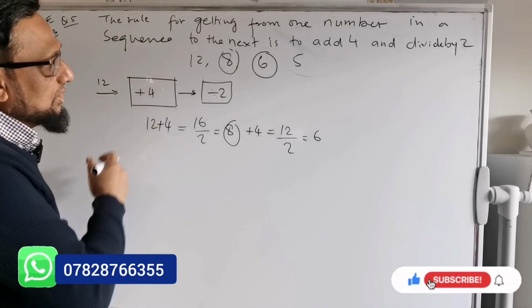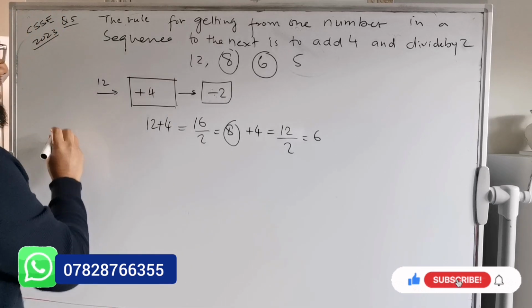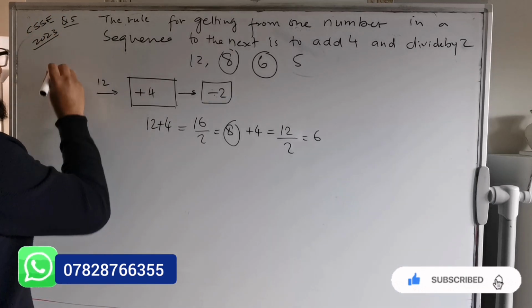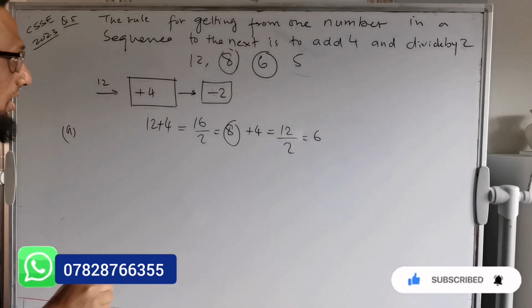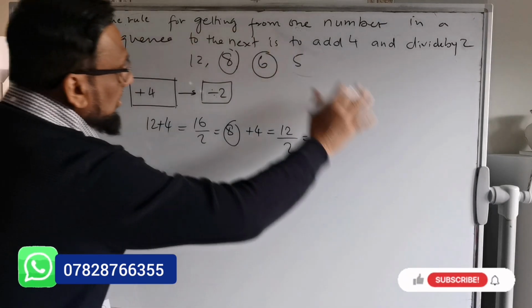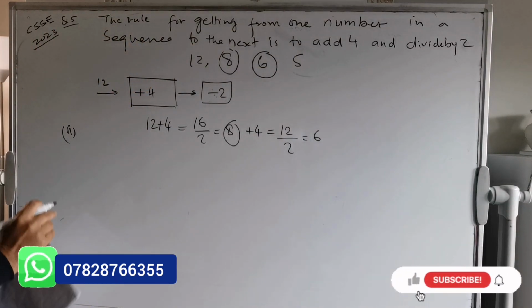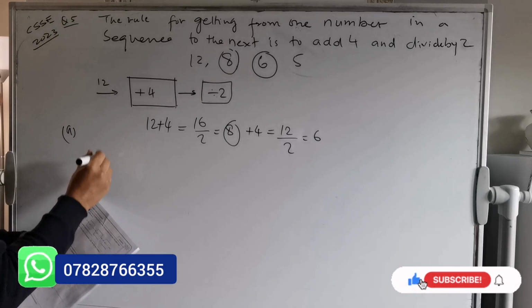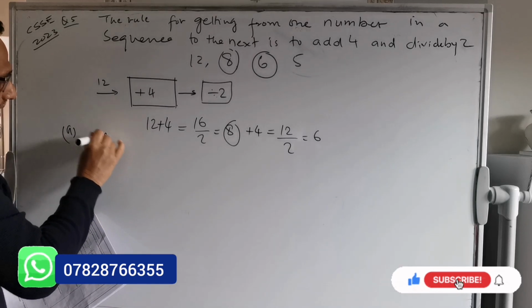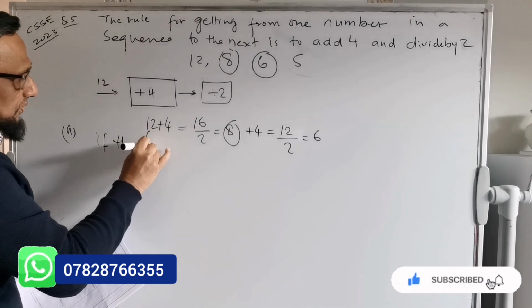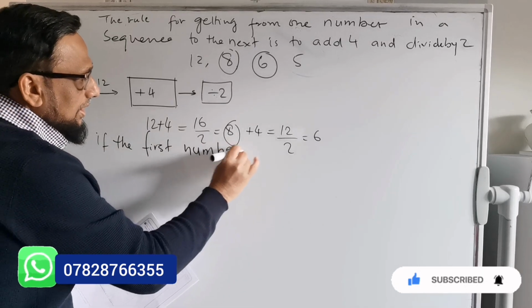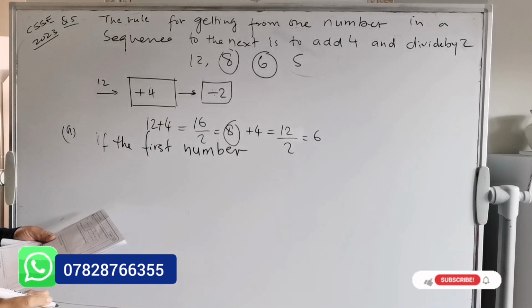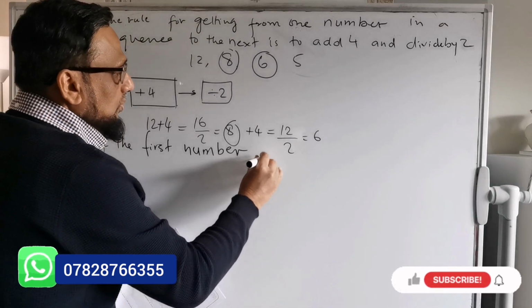Come to the point now. Question number 5, part A. They've already explained how to find the next number in the sequence.